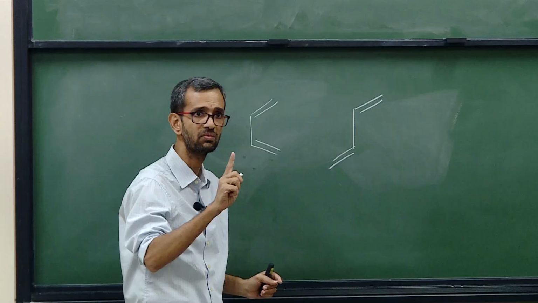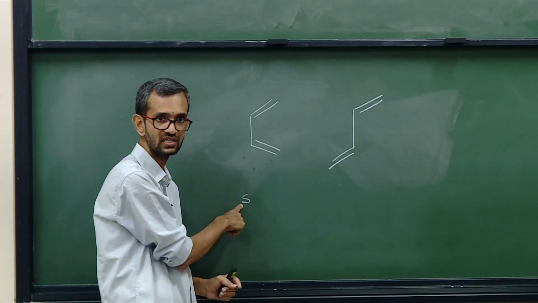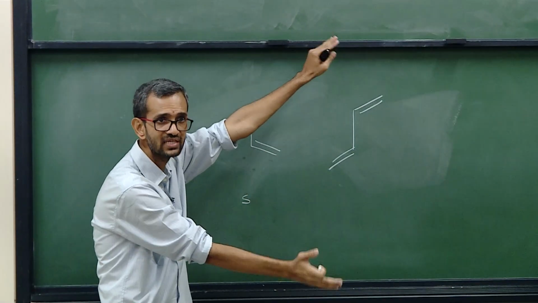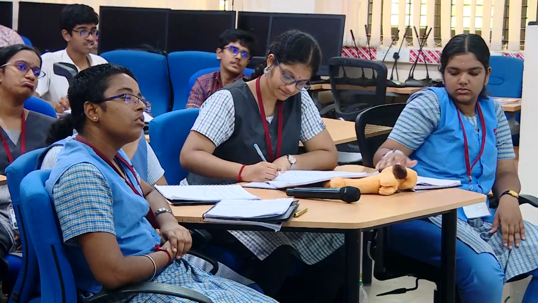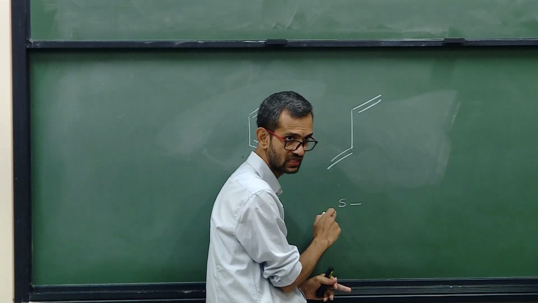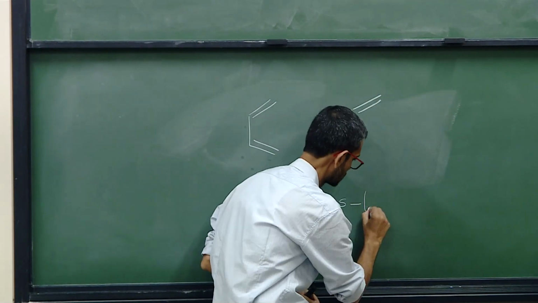Across the single bond, both of them are in cis fashion, same side of the single bond, call it cis. And in this one, across the single bond, both the olefins are pointing in opposite directions, so it is trans.